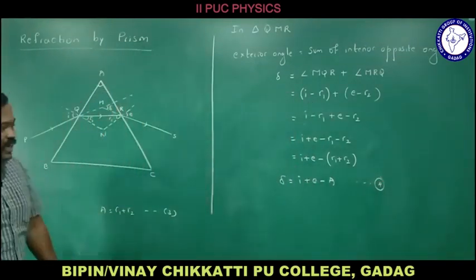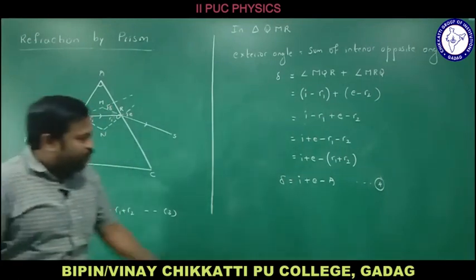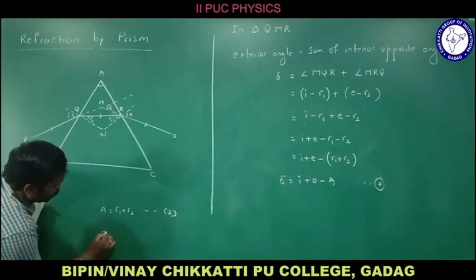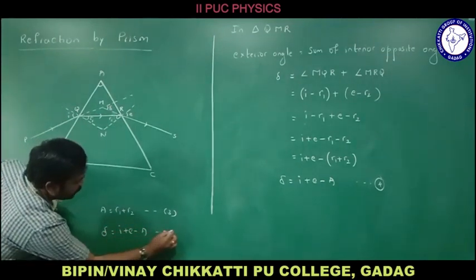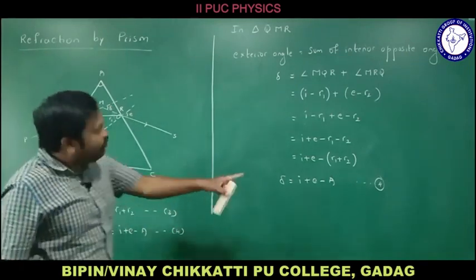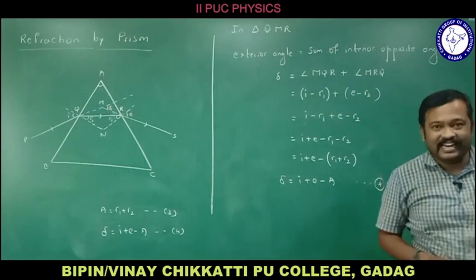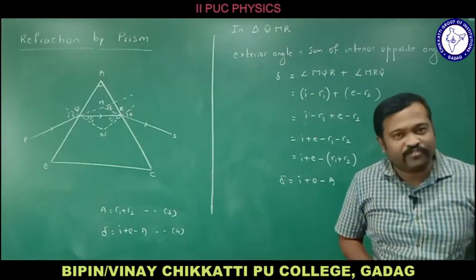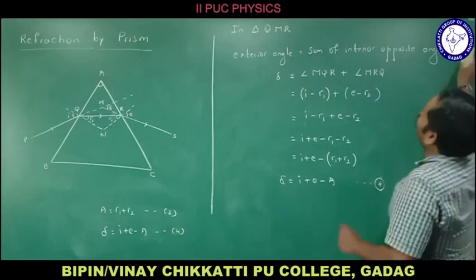Let me write that result also here: delta is equal to I plus E minus A, equation number 4. So we have used the concept of exterior angle: exterior angle is equal to sum of interior opposite angles.